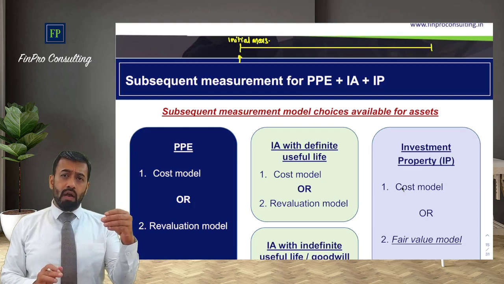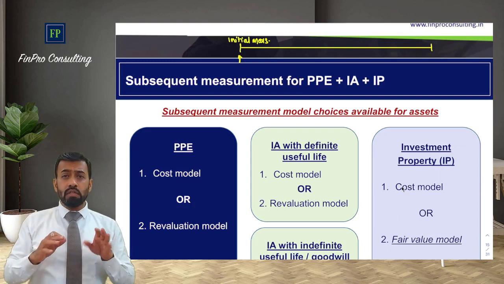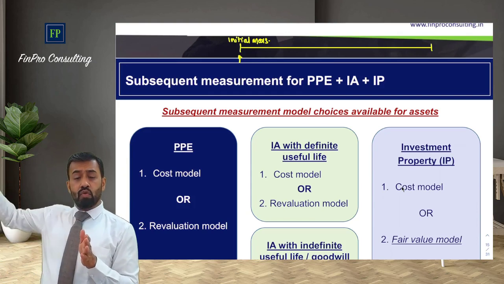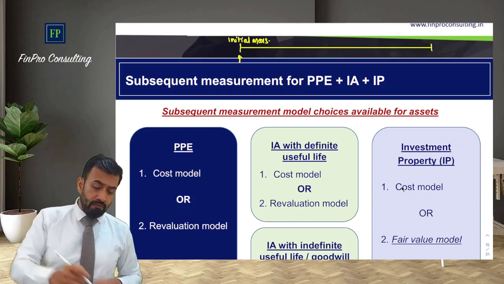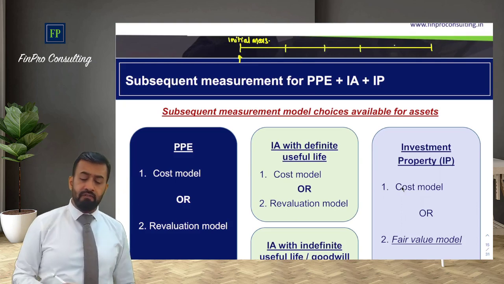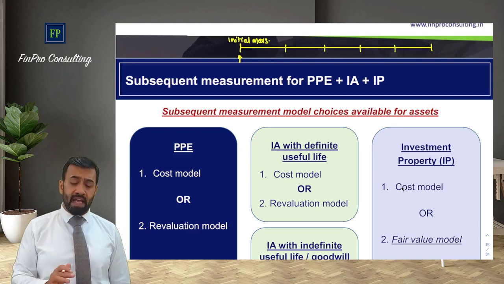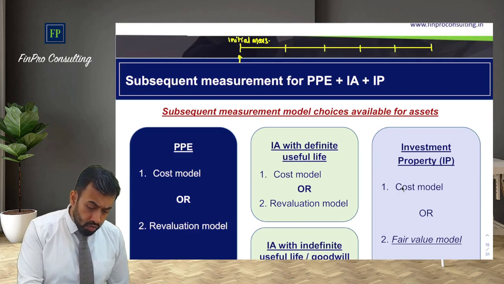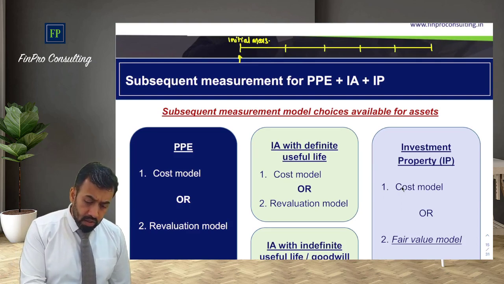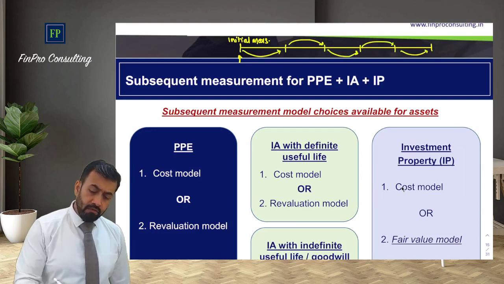Why are you considering that expenditure as an asset? Because the benefit from that asset is going to come over a number of years. Let's say 1 year, 2nd year, 3rd year, 4th year, and 5th year. Over a period of, let's say, 5 years, you are going to get the benefit of that asset.